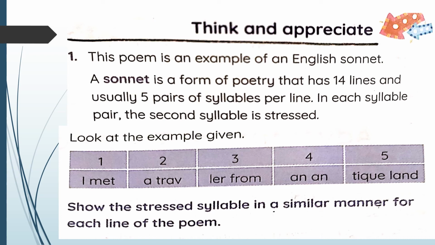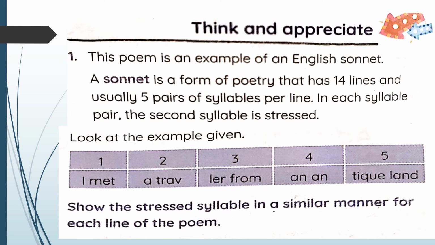So we see that five pairs of syllables are here and the second syllable is stressed. Show the stressed syllable in a similar manner for each line of the poem. This is something for you to do, an activity that will help you understand the iambic pentameter and how to stress those words.